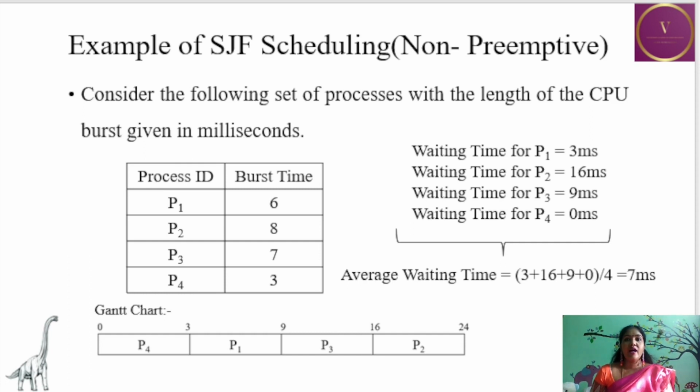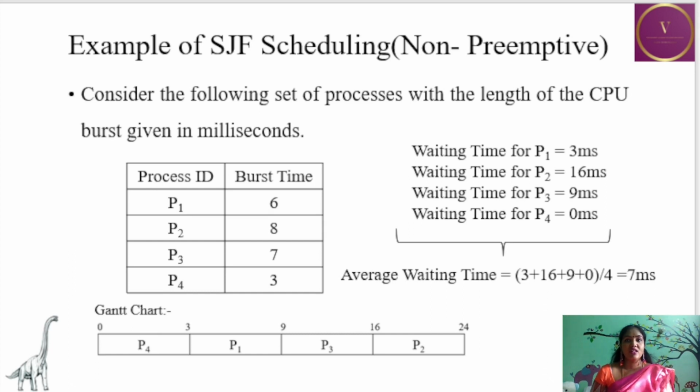So among the 4 processes, which is the smallest process? Here the process P4 has the smallest time requirement of 3 milliseconds. So process P4 will be assigned the CPU first, and it will be using the CPU for 3 milliseconds.